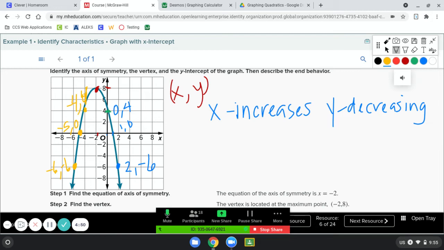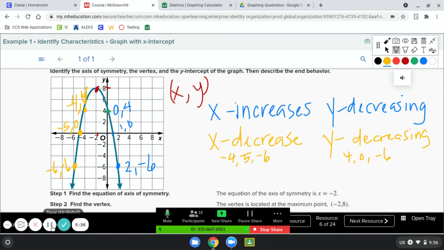So as the x values decrease, going from -4, -5, -6, the y values are also decreasing. They're going down from 4 to 0 to -6. So whether x increases or decreases, our y values come down. Any questions?